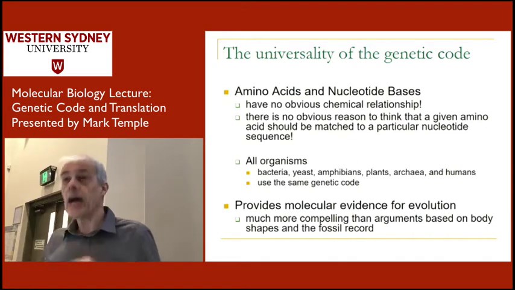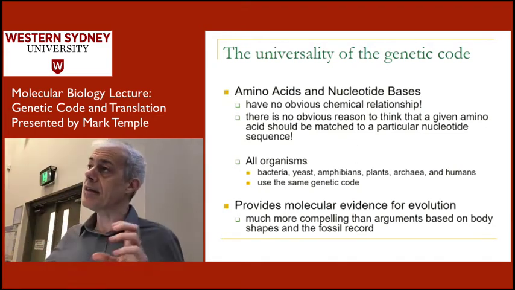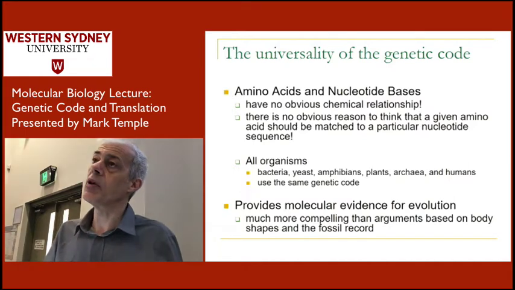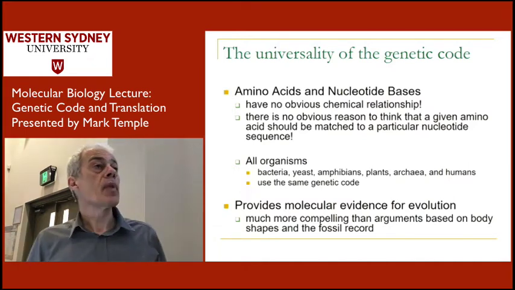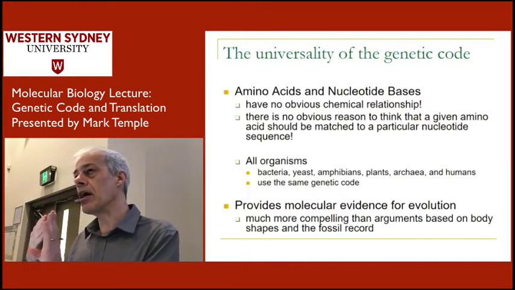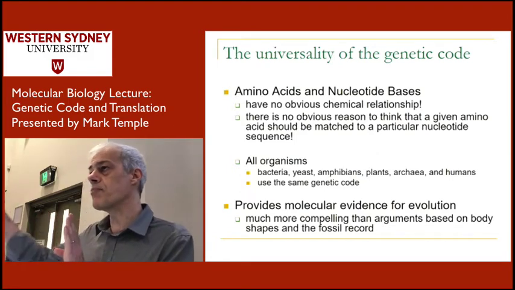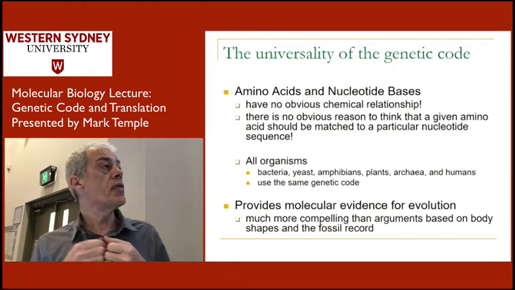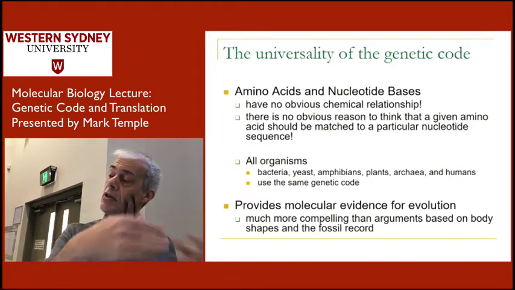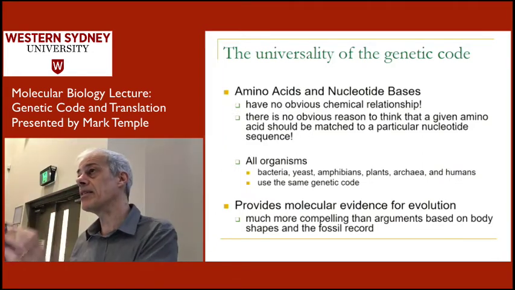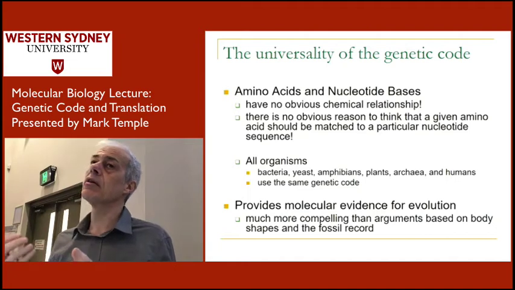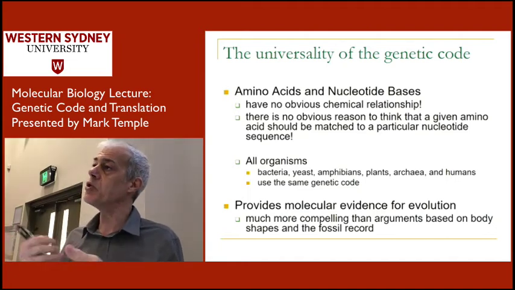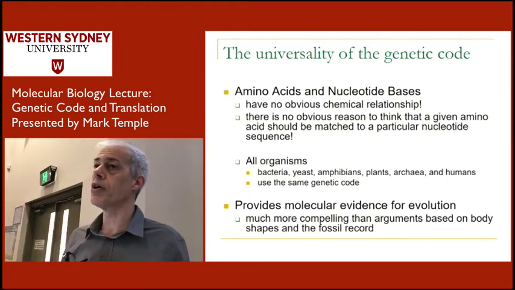If you look at these polymers of nucleic acids we've been looking at, and you also look at a protein string, like a primary structure of a protein, and you look at the things that make up nucleic acids and the amino acids that make up proteins, there's very little chemical similarity between those different sets of molecules.